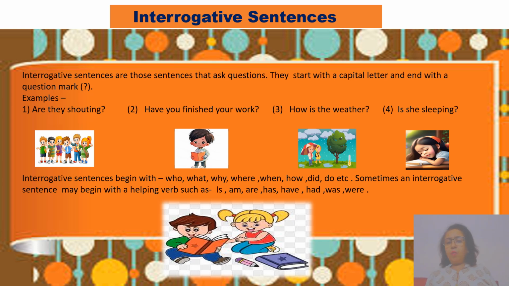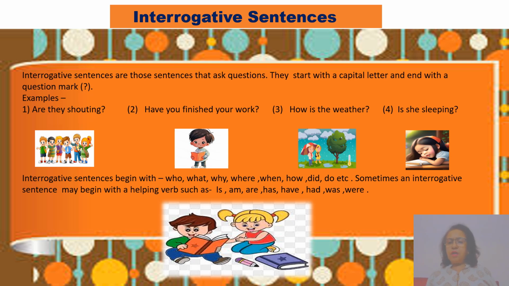Next is, how is the weather? The weather at times is hot. The weather at times is pleasant. The weather at times is very dry. The weather at times is cool. So, how is the weather? Is she sleeping? Here I have added a picture of a little girl who is sleeping.